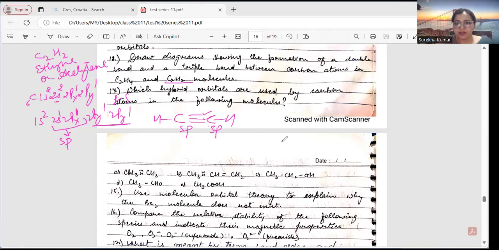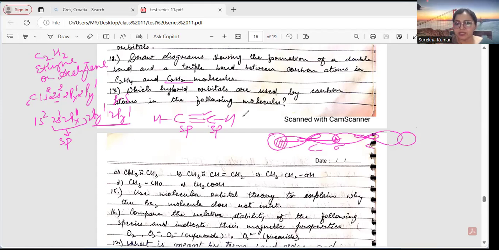See, this carbon and another carbon, right? You have to show, first of all, these two carbons. This is one carbon. This is another carbon. Two carbons I have shown. They are making one sigma bond. Now, hydrogen will make a sigma bond with this orbital.